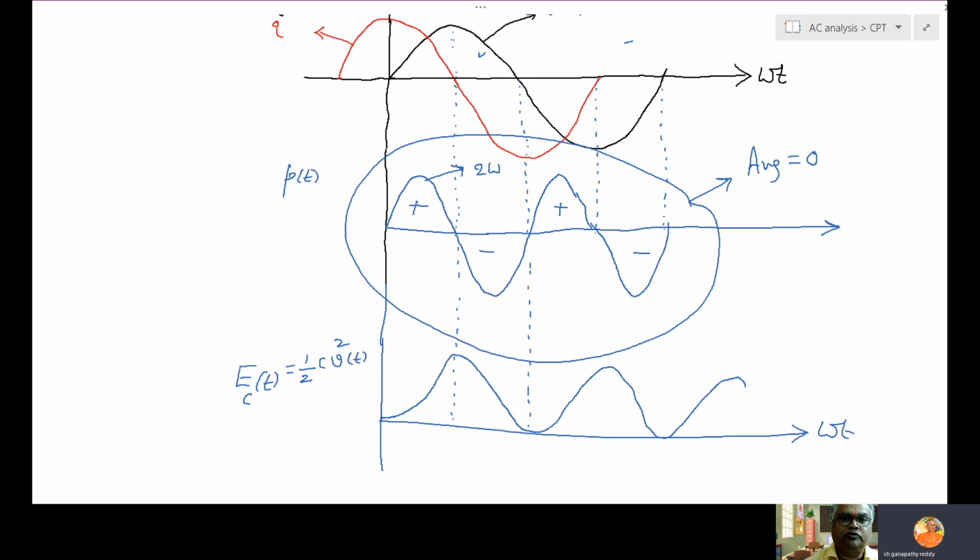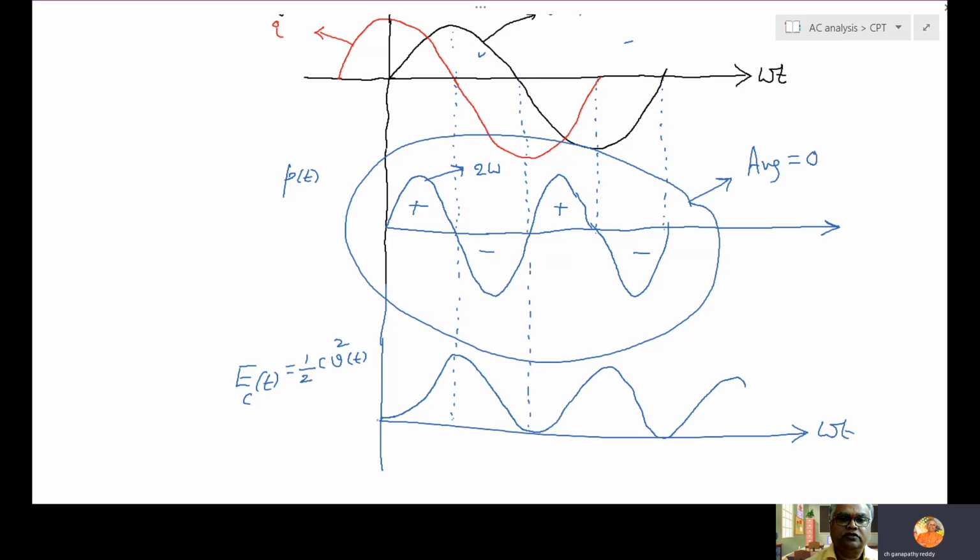You see V maximum here, square is maximum. Then V equals 0, square is 0. Then negative maximum, square is positive. So like that it will go. So energy variation is like a sinusoidal. It will go to a positive peak, again come to 0.